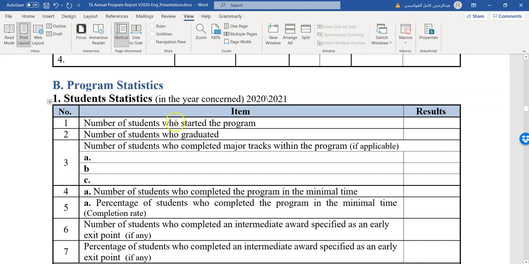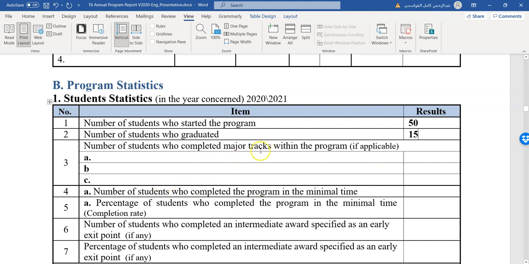The number of students who started the program in the year 2020-2021. For example, and this is an example, of course, not real data or numbers, 50 students. The number of students who graduated in this year, for example, 15 students graduated.